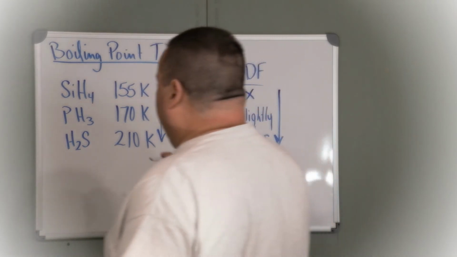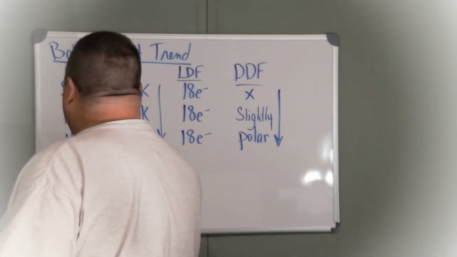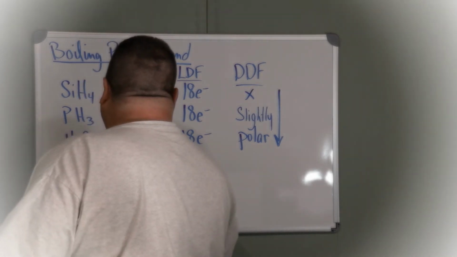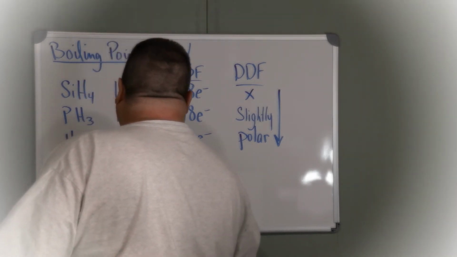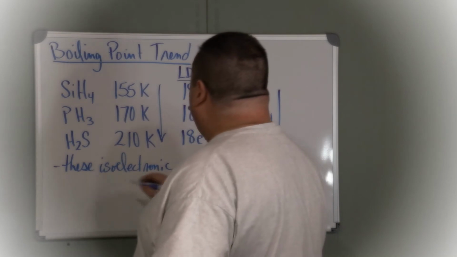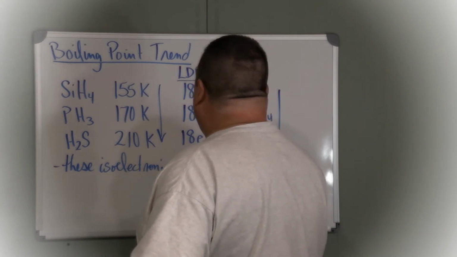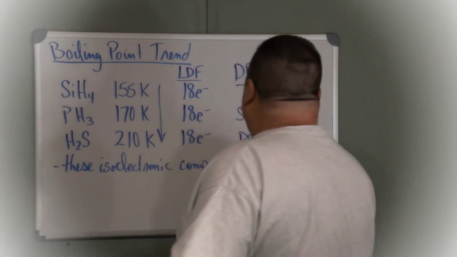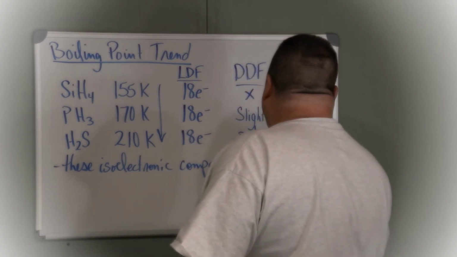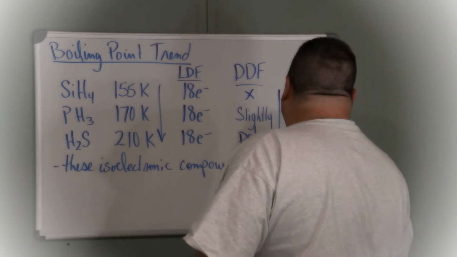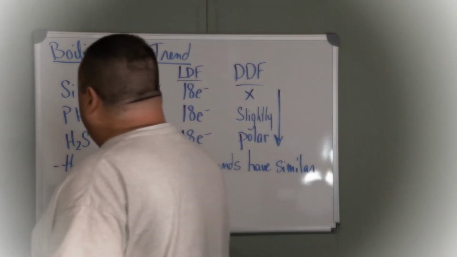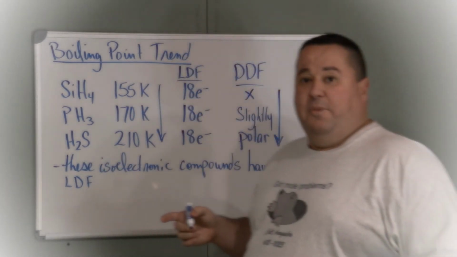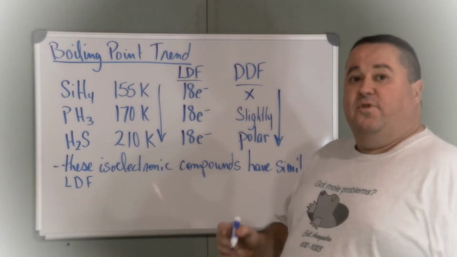So these isoelectronic compounds have similar London dispersion force. We know that counting electrons is just an approximation. It also is influenced by shape.